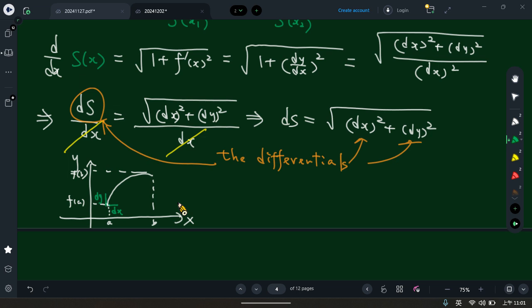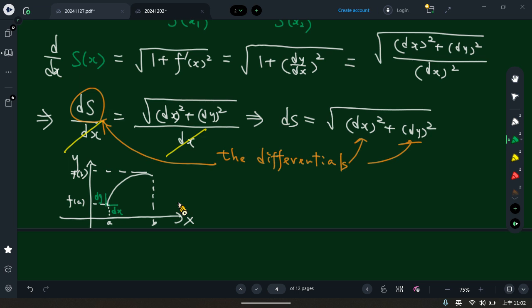As I remember, normally we will use delta x for a little bit large change in the x direction, but we use dx to represent a very small change in the x direction. Similarly for y, we use delta y for a little bit large change in the y direction. We also use dy to represent a very, very small change in the y direction.